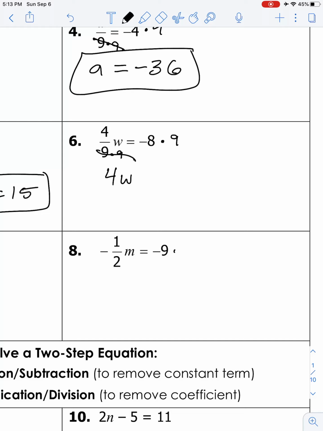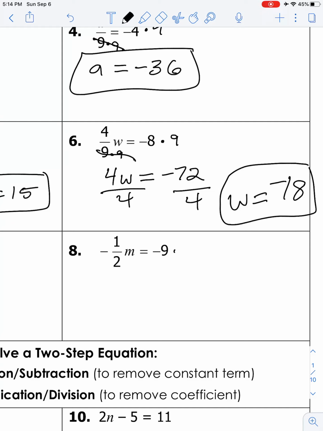So that leaves us with 4w equals negative 72. And then when we divide by 4, we take negative 72 divided by 4. We get negative 18.